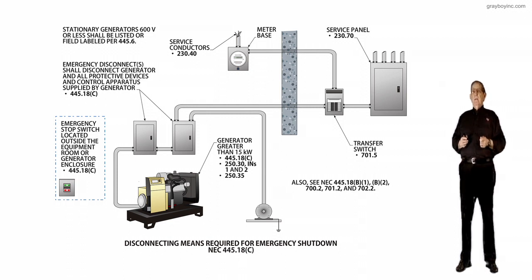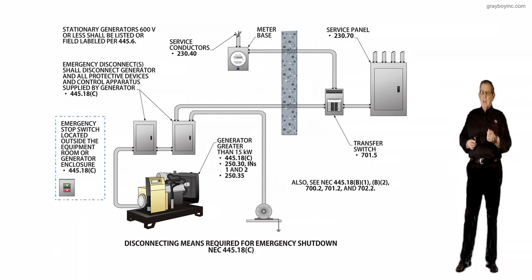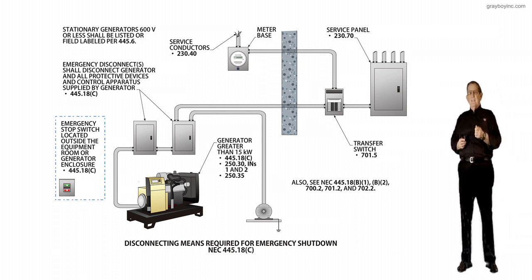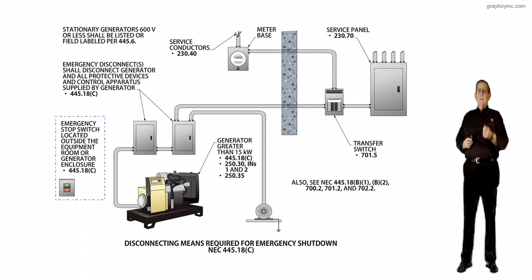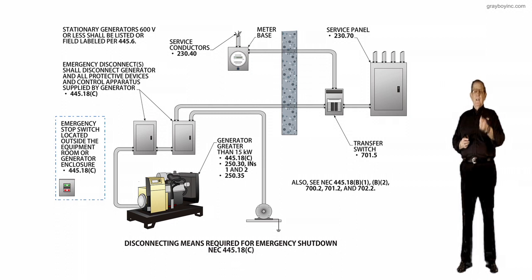And I would like to remind users of the code that generators shall be listed, except for one-of-a-kind custom-made types, per 445.6 and OSHA 1910.399, acceptance of equipment.